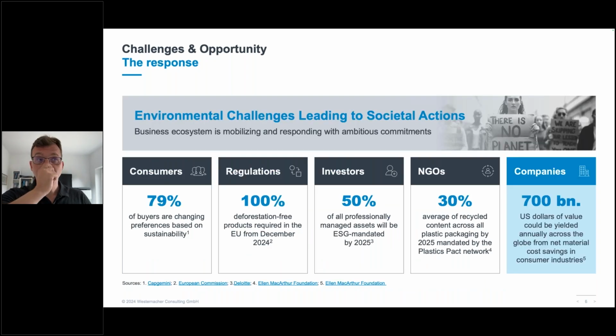Out of these problems, there are actions that derive. In Germany, for example, we see people going out on the streets, there are protests. Customers and consumers really change their behavior. They look for sustainable products and recycled materials. We see that regulations are picking up.